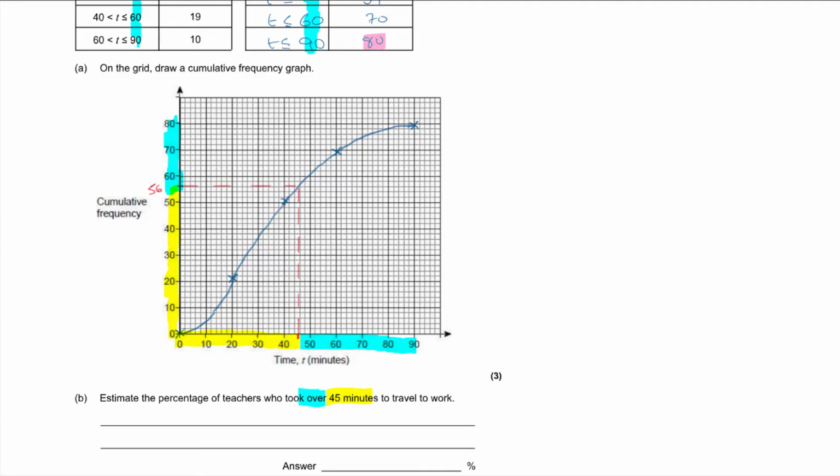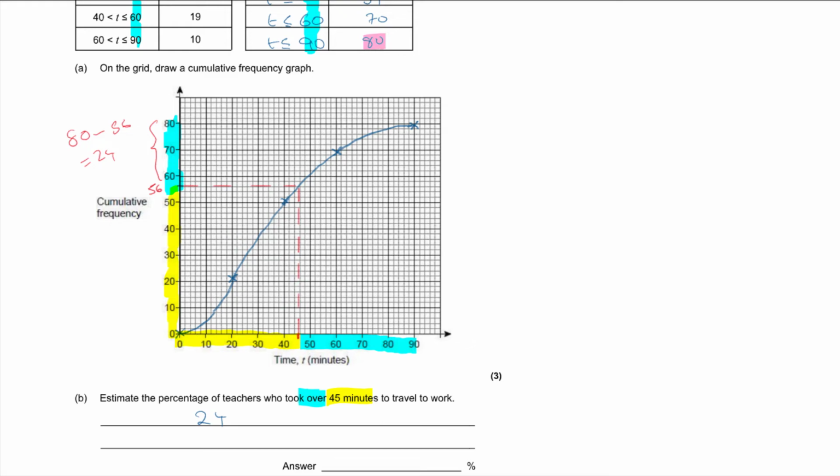So if 56 people took 45 minutes or fewer, then it's going to be 80 minus 56. That's 24, isn't it? So this section here is worth 24 people. So there are actually 24 teachers who took more than 45 minutes to travel to work.